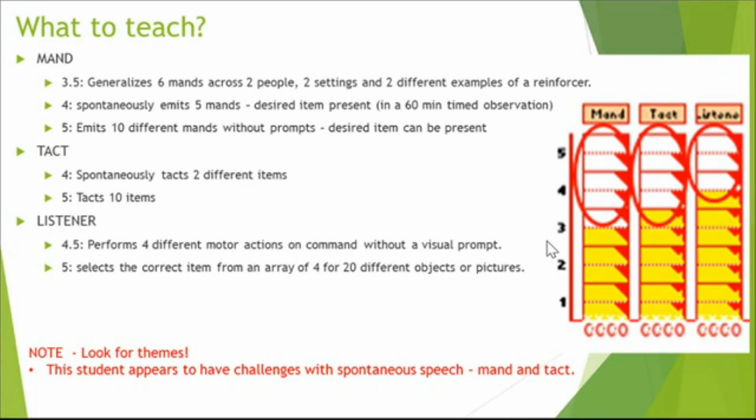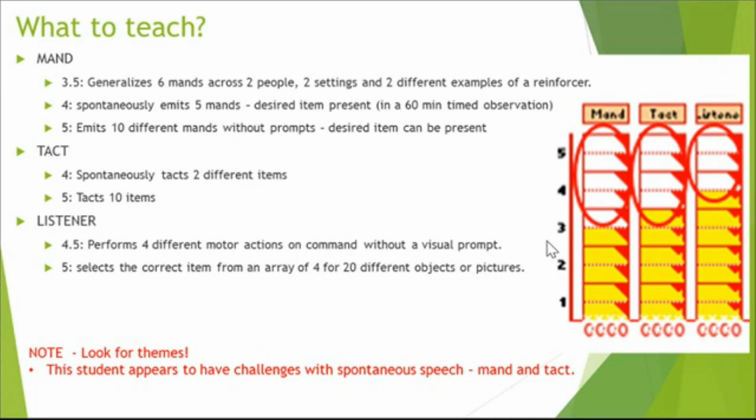Maybe the learner was able to mand for 2 and 4 items, but they're not able to spontaneously do those things. They are not able to request the volume that number 5 requires.